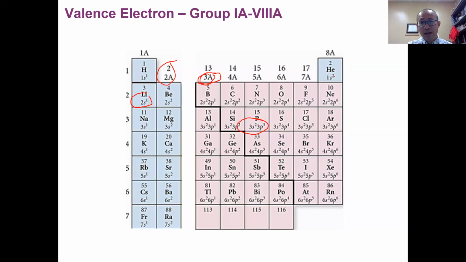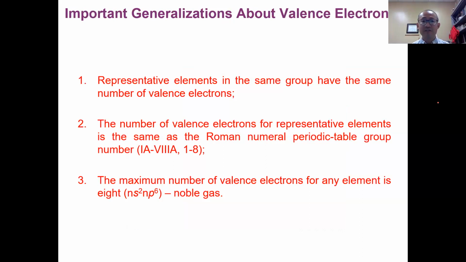And the same for group number 8: the number of electrons in the highest energy level is 8, 2s2 2p6, 3s2 3p6, except helium. Helium only has 2 electrons, so that's an exception. So what do we know here? Representative elements and noble gases in the same group have the same number of valence electrons.